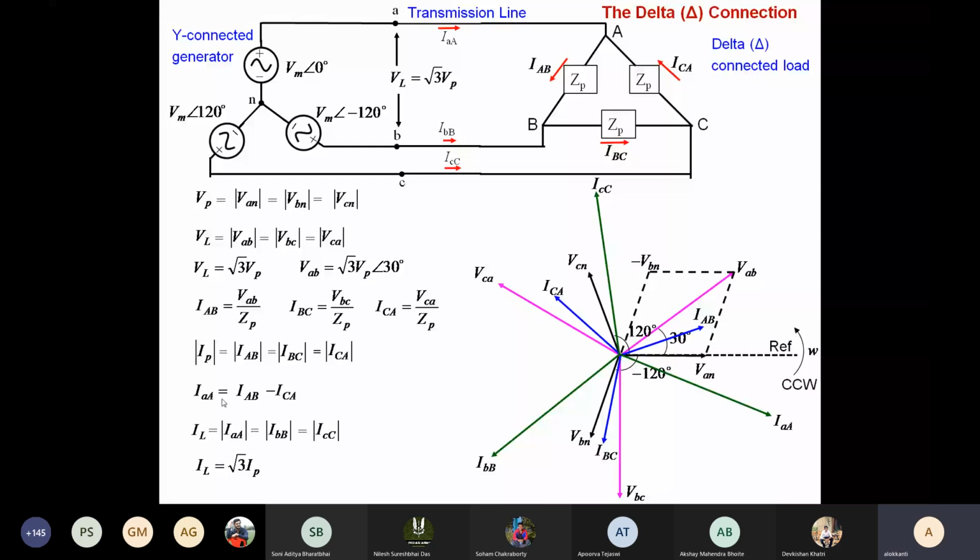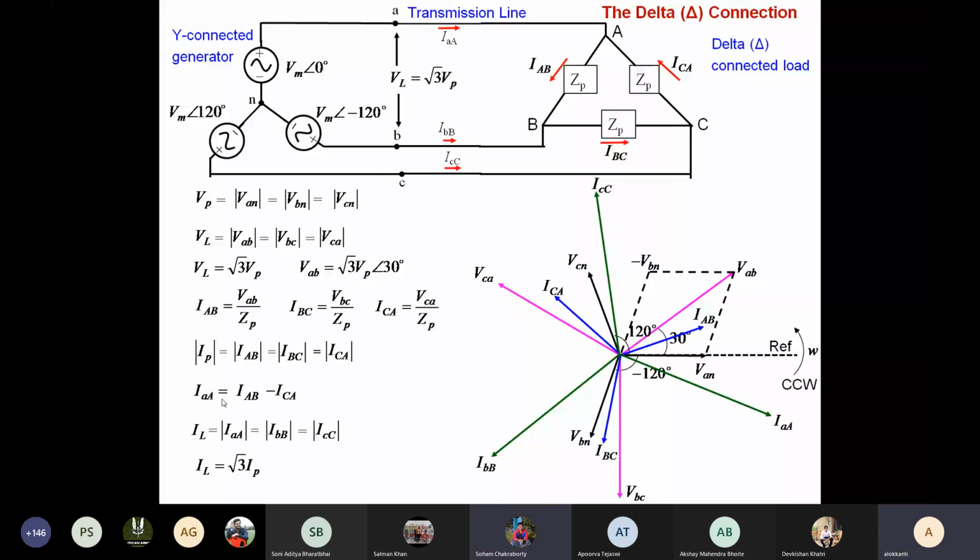Maybe we shall convert it into star and then add. Yes. If you have a balanced delta, you can convert it to a star, and then you can absorb the line impedances along with the phase impedance to do the calculation.